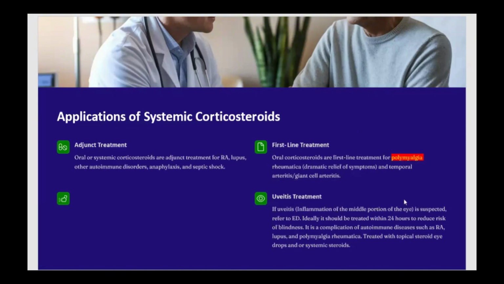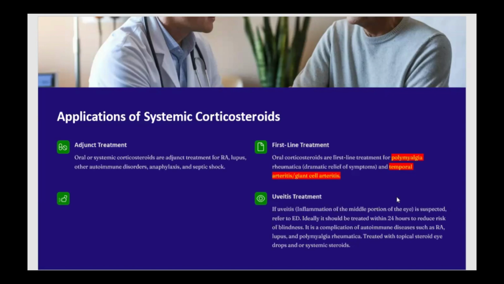We start them with low steroid, and if you don't manage polymyalgia rheumatica, the patient has multiple muscles hurting them. But when they start complaining about problems with their vision, it's leading to temporal arthritis. So the difference is that when they have polymyalgia rheumatica, you start with low dose steroid, you monitor their ESR, and you give it to them for like 9 to 12 weeks.